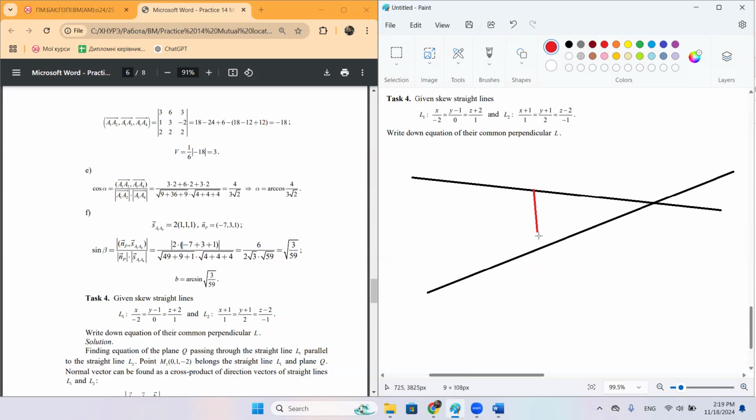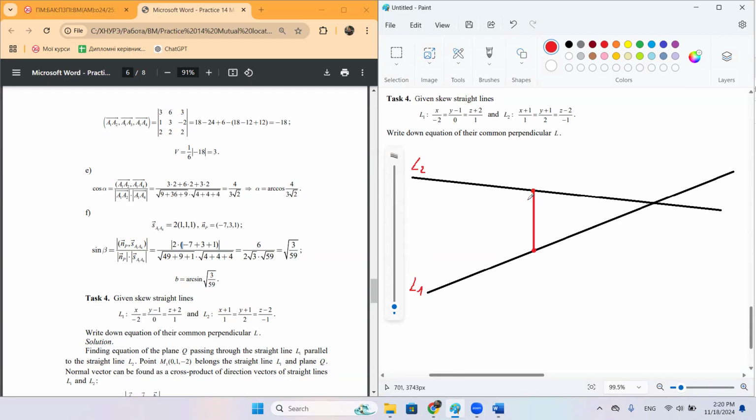This is their common perpendicular, and they don't cross here, but of course we cannot draw 3D graphics of it. So let it be L1 and this L2. And this is their common perpendicular.